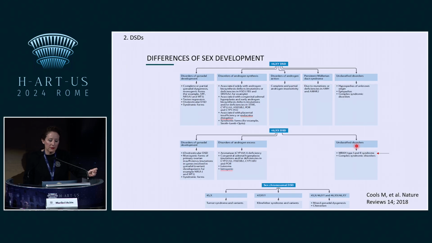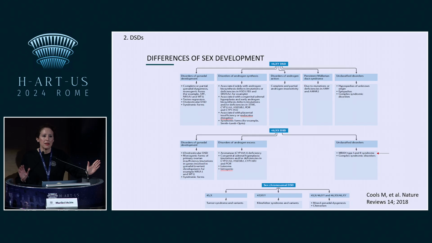According to the most recent classifications of differences or disorders of sex development, they are now classified based on the chromosomes, so XY, XX, and anomalies at sex chromosomes, with a subgroup kept for iatrogenia or endocrine disruption.